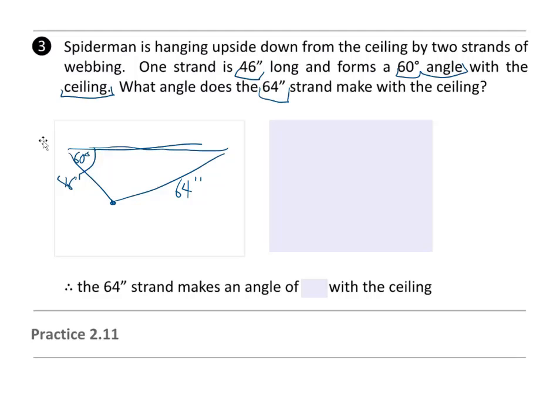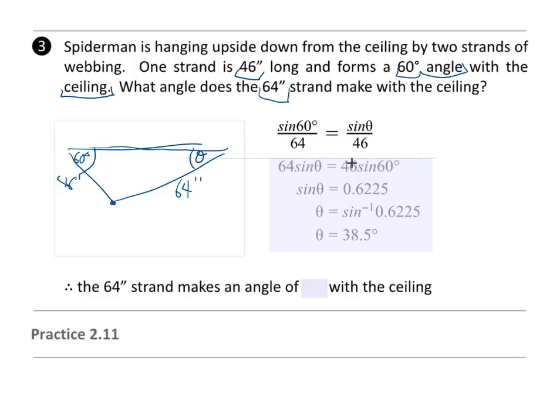My lovely drawing of Spider-Man. We need to determine what theta is over here. Well, if we set up our sine law, we're going to have sine of 60 over 64 and sine of theta over 46.